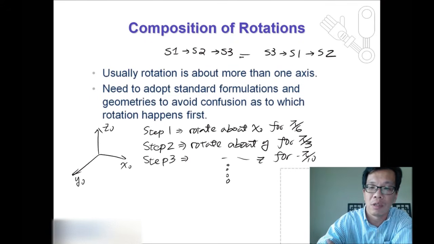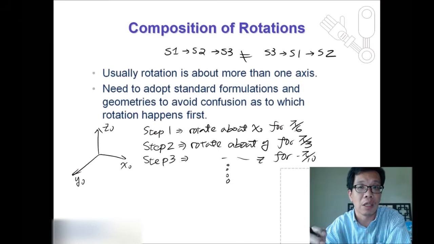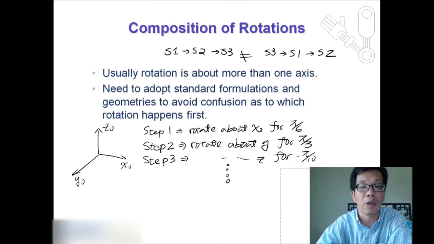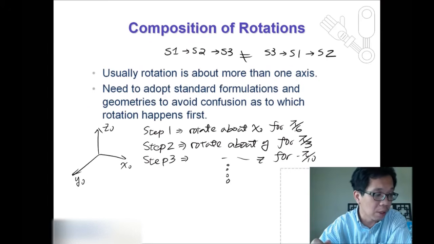The answer is no. It's not going to be the same. So when you are dealing with this kind of transformation in a sequence, you need to be careful. You cannot switch the sequence of individual movements or rotations. The result is not going to be the same.